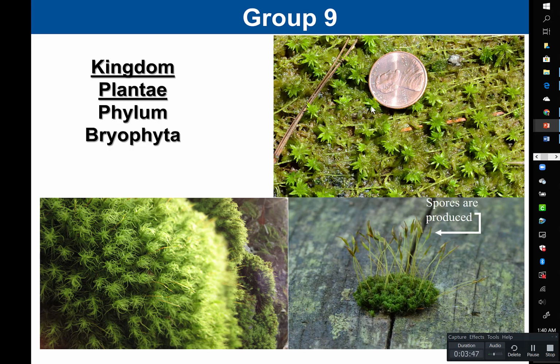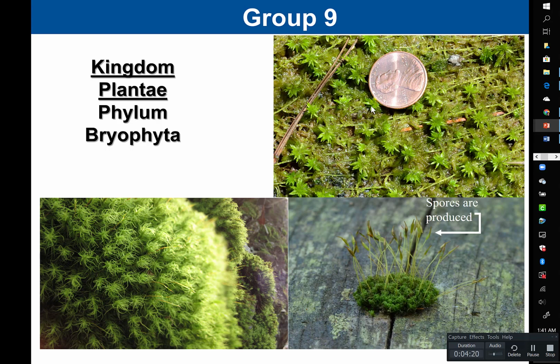Notice they grow low to the ground, and that's because these plants lack a vascular system. If you think about our vascular system, right? Think of our cardiovascular system. The job of our vascular system is to move blood and food and oxygen throughout our body. Same idea in plants for a vascular system. The purpose of the vascular system in plants is that it allows plants to transport water and sugar long distances.